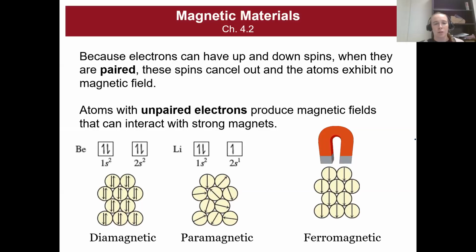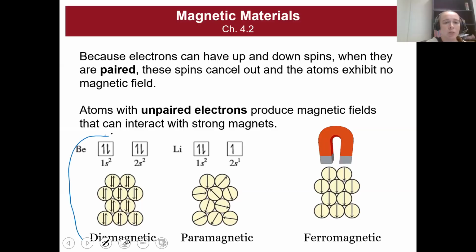But if they're paired up, if we have 2 in the same orbital, then the spin cancels out and the atoms don't interact with a magnetic field. Atoms with unpaired electrons then, of course, do interact with magnetic fields and produce their own magnetic fields. So let's look at our examples here.